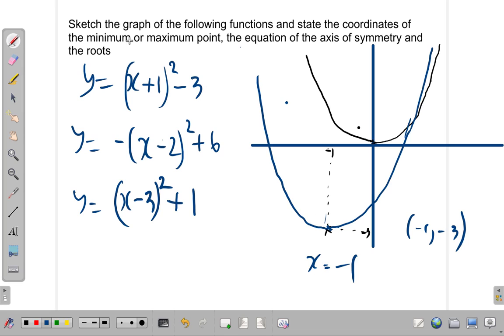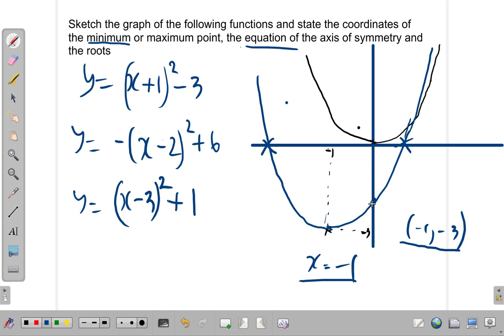So what we have is a minimum point so far, the location of it, and the equation of the axis of symmetry, and the roots would be where the curve cuts the x-axis. We could also look at the y-intercept.